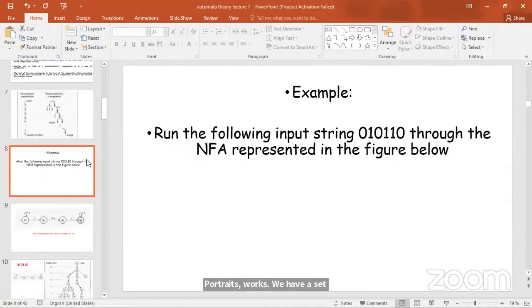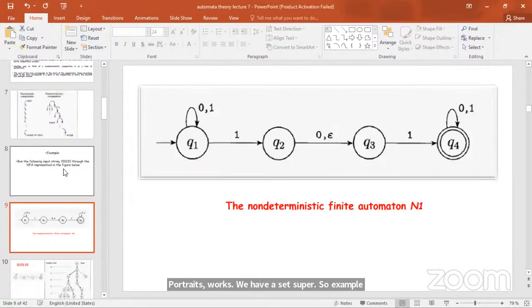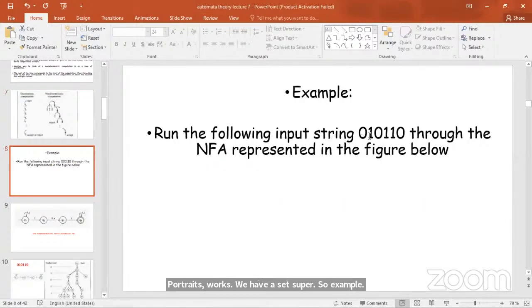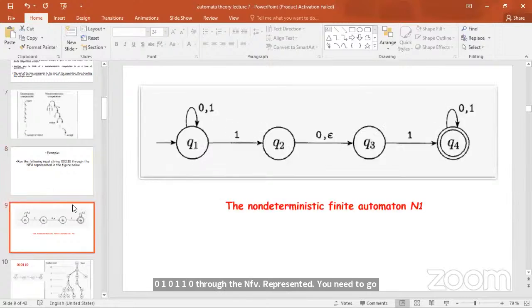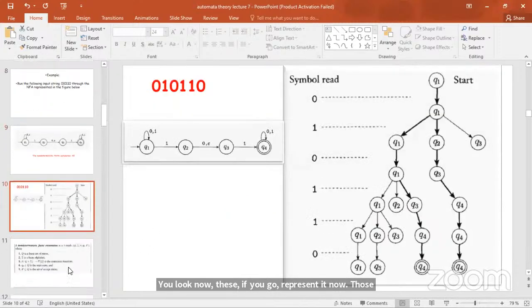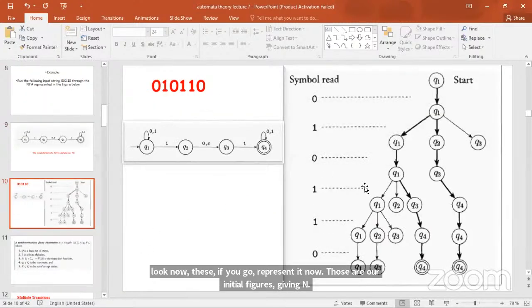So, example. Given this diagram, we are asked to run the following input string, right? So the input string is what? 0, 1, 0, 1, 1, 0 through the NFA represented in the figure below. Now, this is the figure represented, just as our initial figure N1, right? So I just brought everything together.